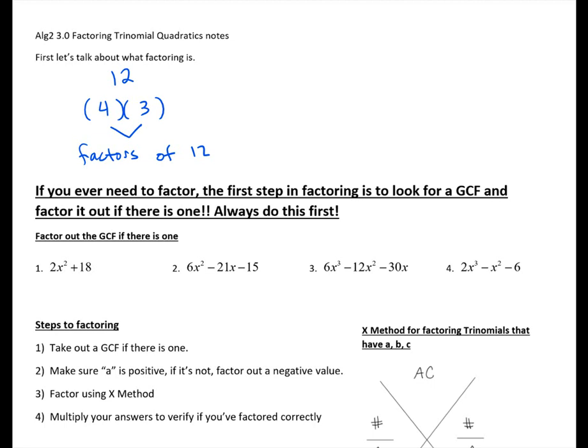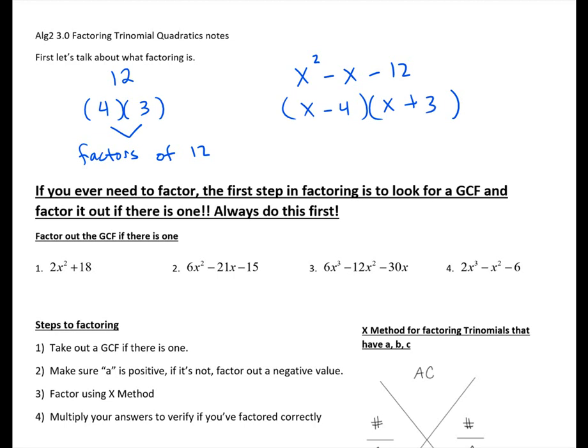Now let's apply this idea to trinomials. x squared minus x minus 12. So what you guys are going to learn how to do is find factors that, if you multiply, will give you x squared minus x minus 12, right? So I already know the answer is x minus 4, x plus 3.